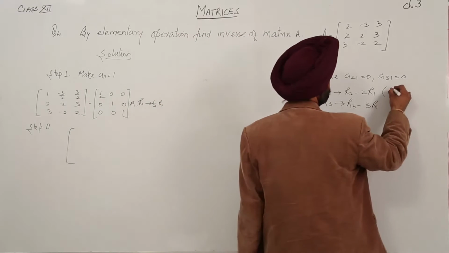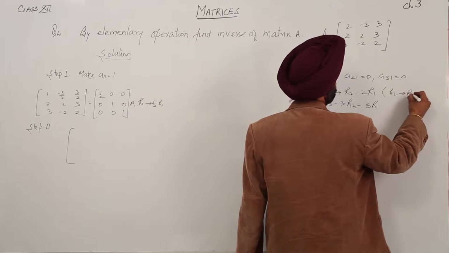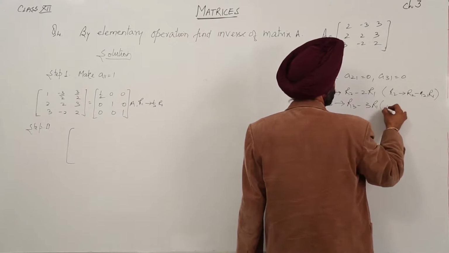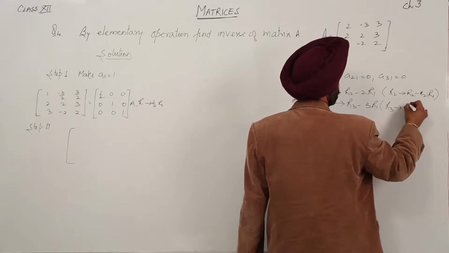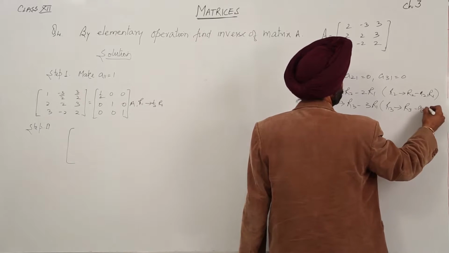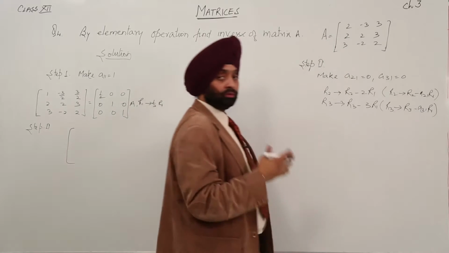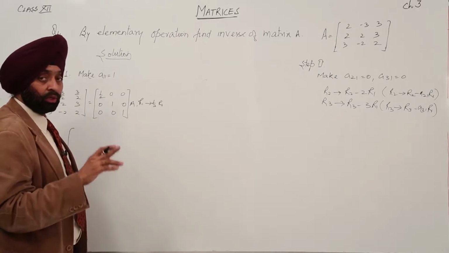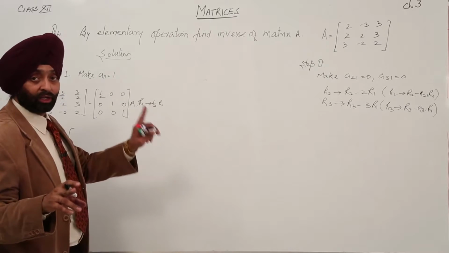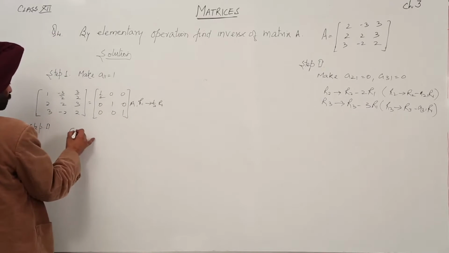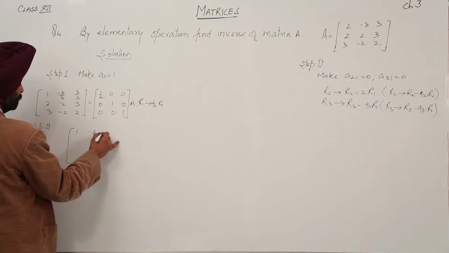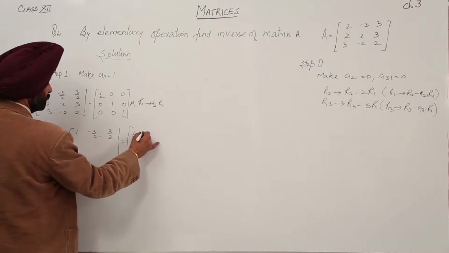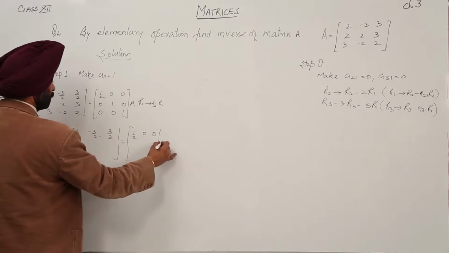If you remember, it was R2 approaches to R2 minus A21 into R1 and R3 approaches to R3 minus A31 into R1. Okay, so this step we are now going to apply for step 2. We are changing row 2 and row 3, row 1 is not changed. Okay, so 1 minus 3 by 2, 3 by 2 is equal to half 0 0 with A.